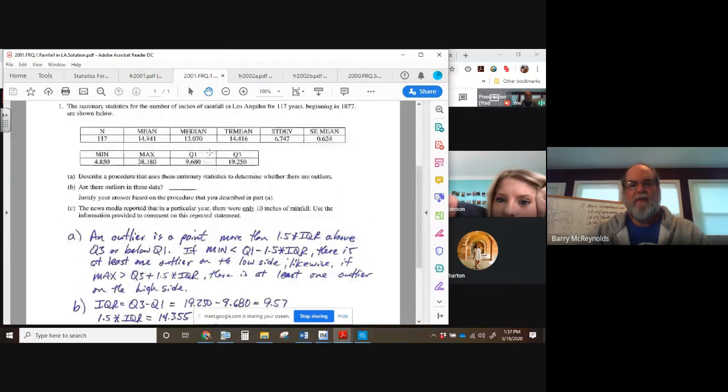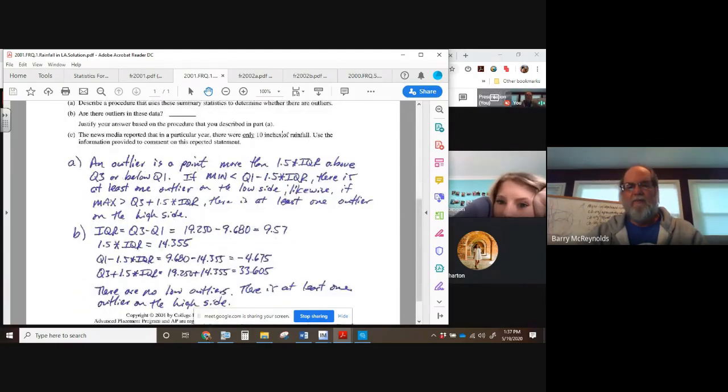You notice that the data we're given includes the mean and the standard deviation. And so you could say, based on this analysis we did in class, that an outlier is more than 2.7 standard deviations away from the mean.